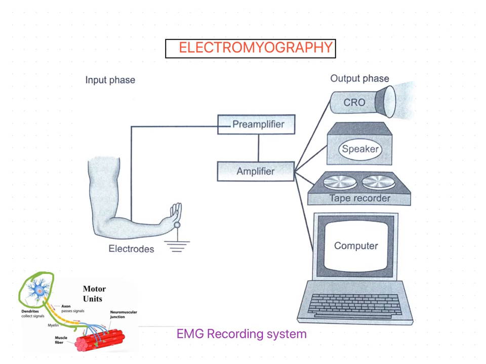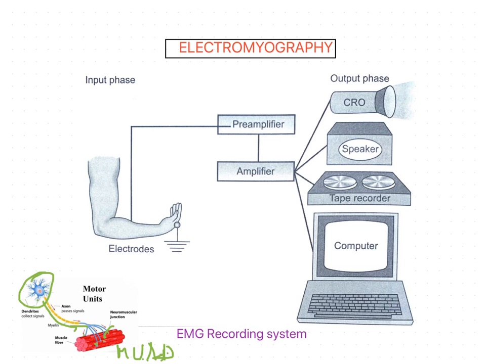As it is depolarized, it produces some electrical activity that is manifested as one motor unit action potential, simply called MUAP.